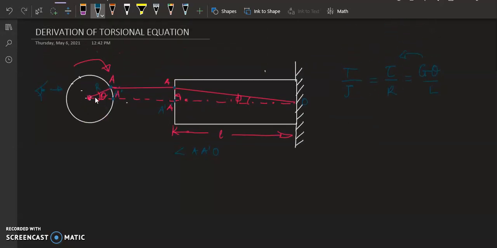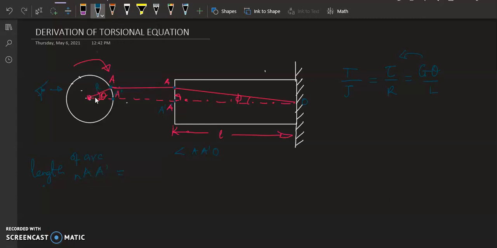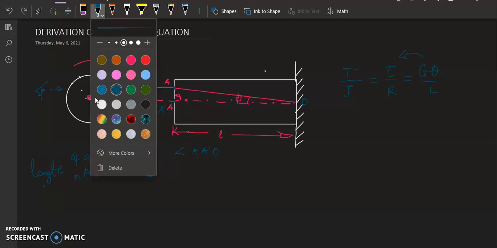So from our basic knowledge of calculating the length of an arc, the length of the arc A prime is equivalent to R multiplied by theta.